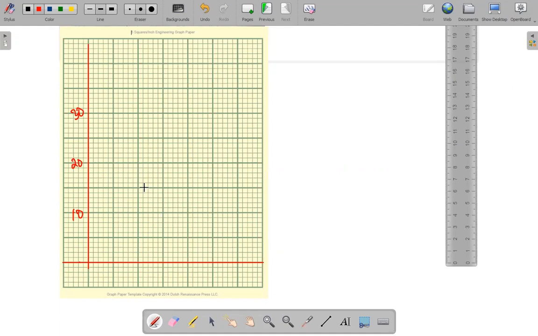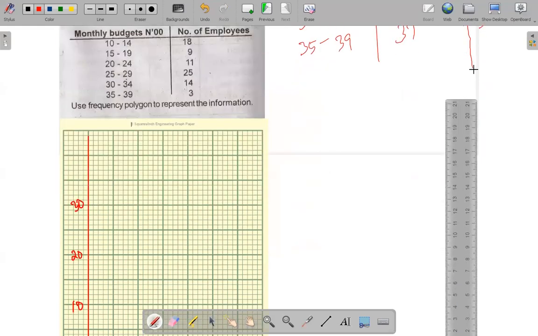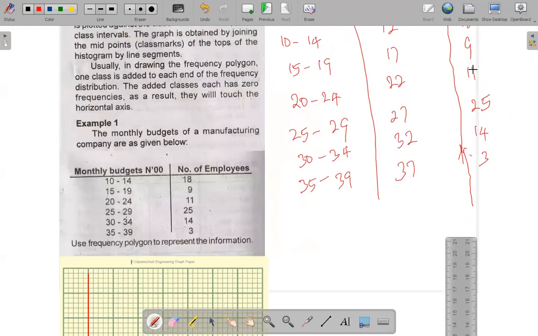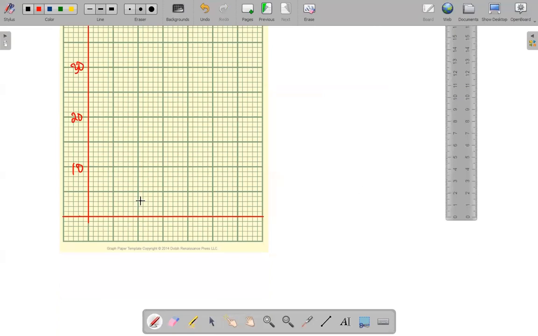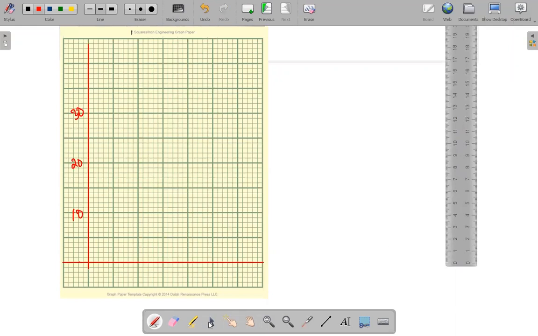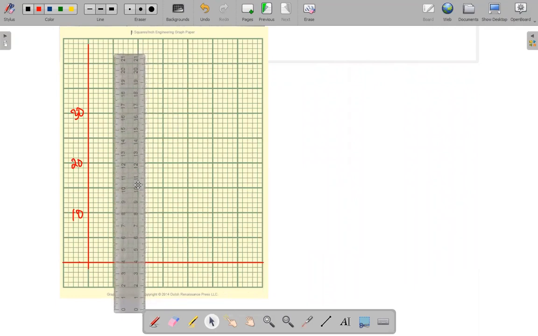The first data I have goes up to 18, so let's locate that 18. I want to represent six bars. 18 should be somewhere here.